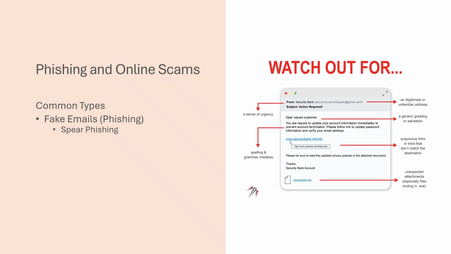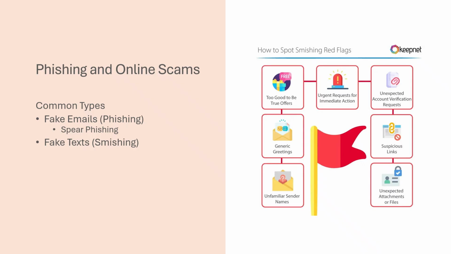The attacker often researches the victims beforehand, making the message appear more convincing by including names, job titles, or even company information. Now, smishing uses fake texts with messages claiming to be from banks or delivery services, with links asking you to verify information, or requests for passwords or payments.